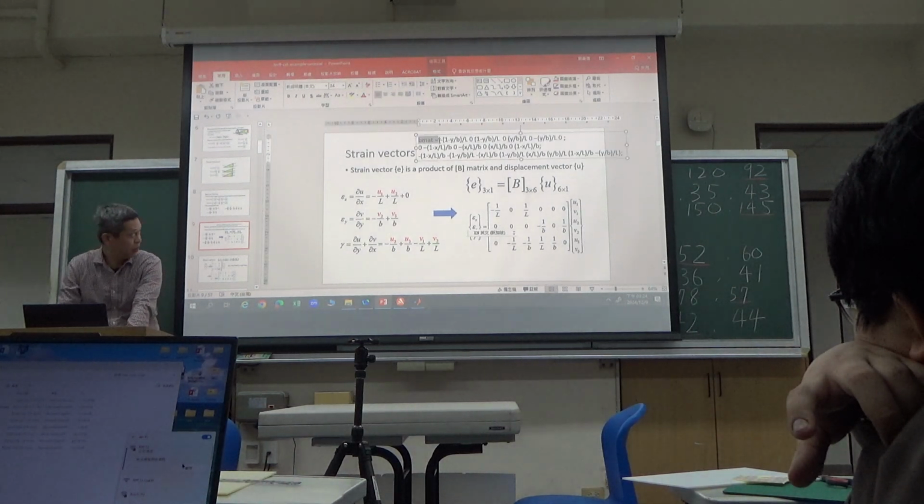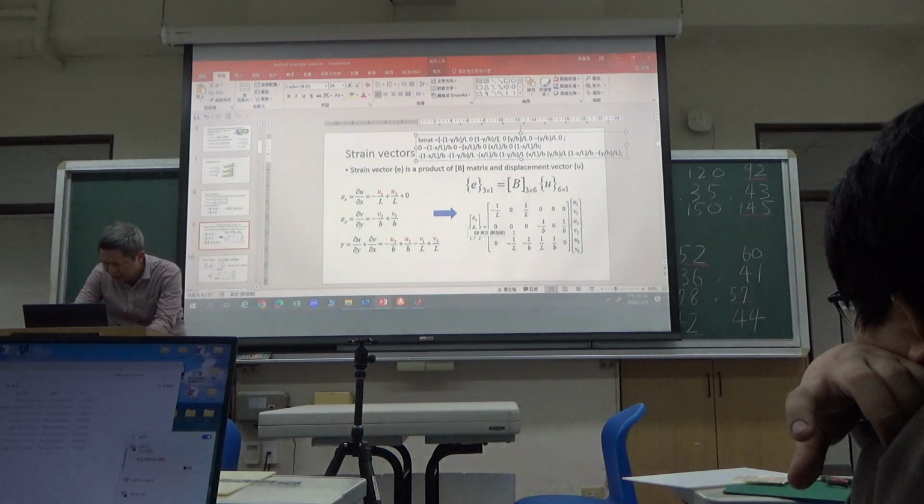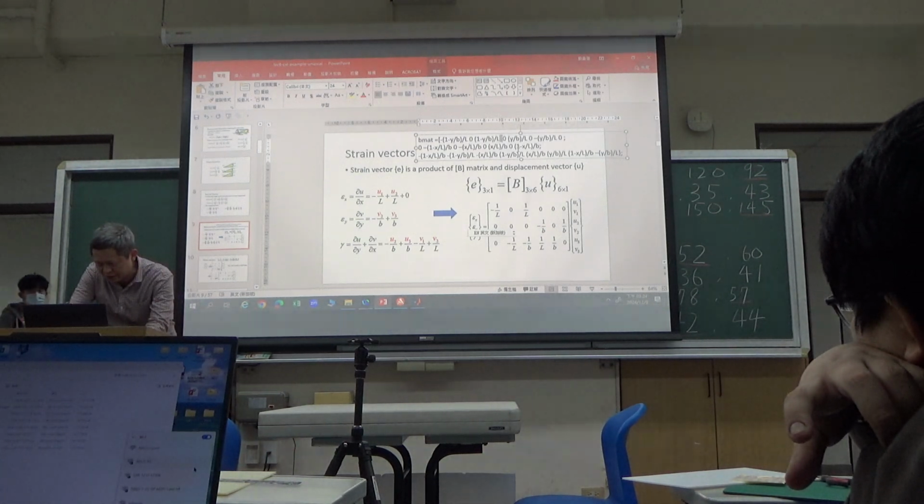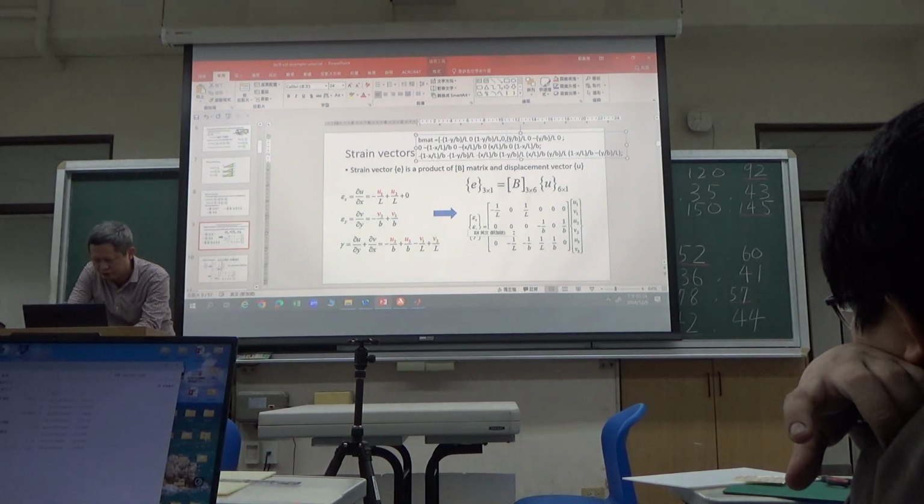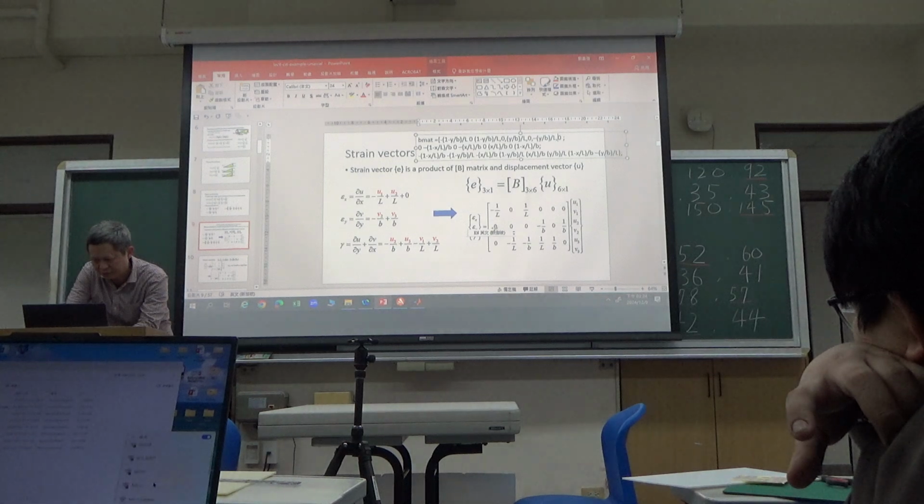So how do you type the matrix? The matrix starts with a square bracket, and then each row. If you put a space, it can recognize it, but you might have typos, so you had better use a comma. This is 6 by 2. Likewise, the second row is what? Is your B matrix 0, 0?